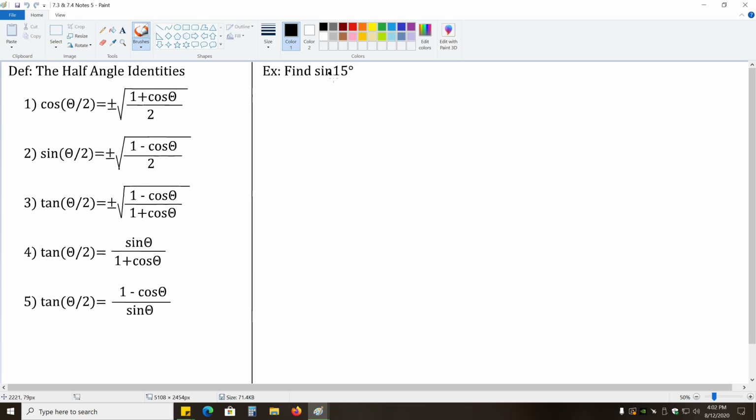So how could we rewrite sine of 15 degrees as sine of something over 2? What would be equal to sine of 15 degrees that we could write as sine of something over 2? Well, that would be sine of 30 degrees over 2.